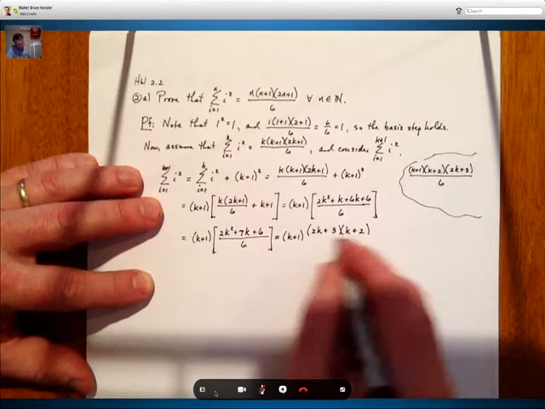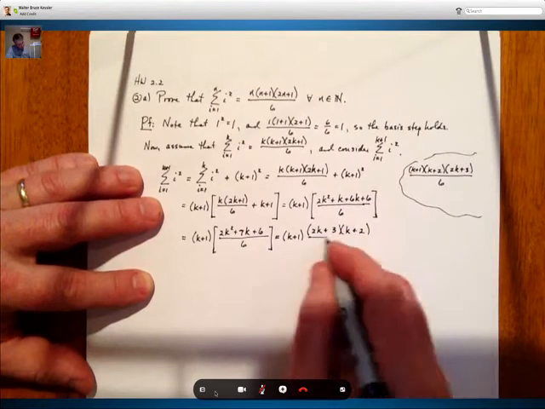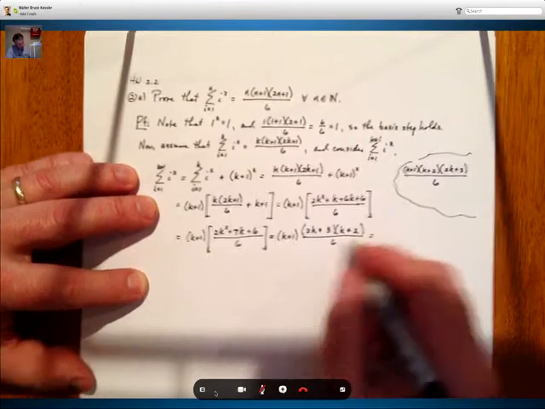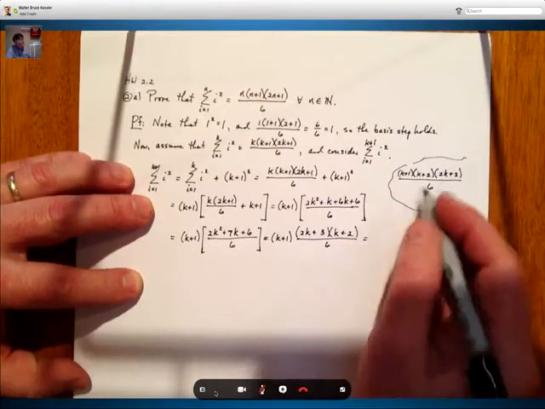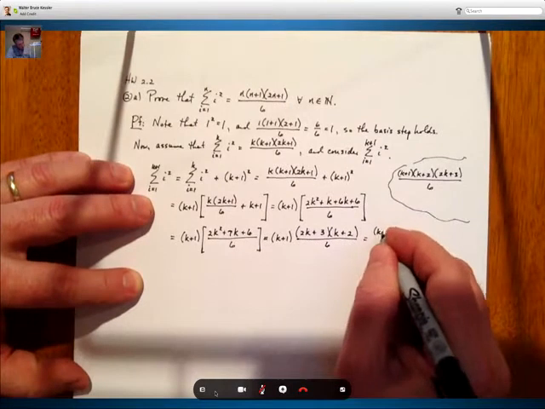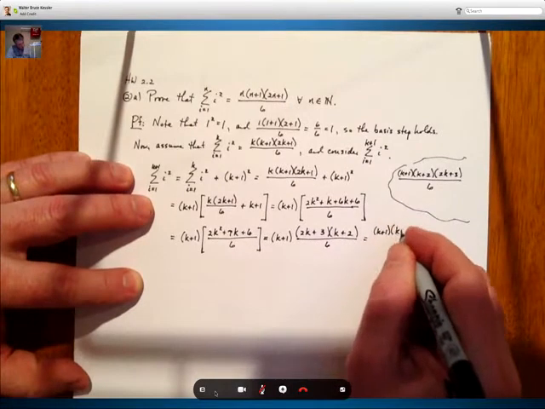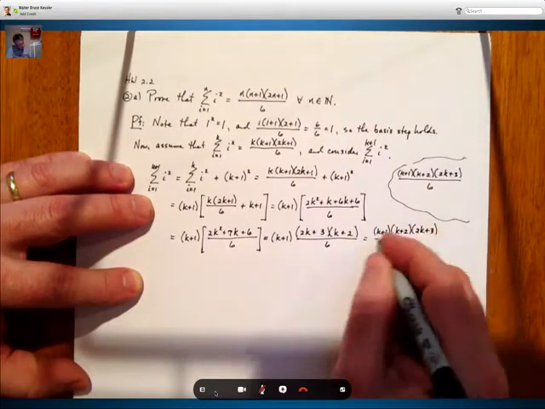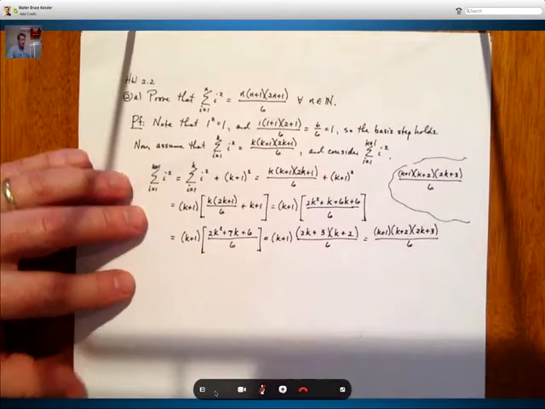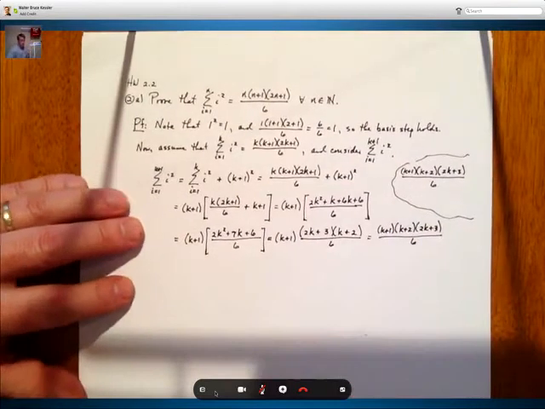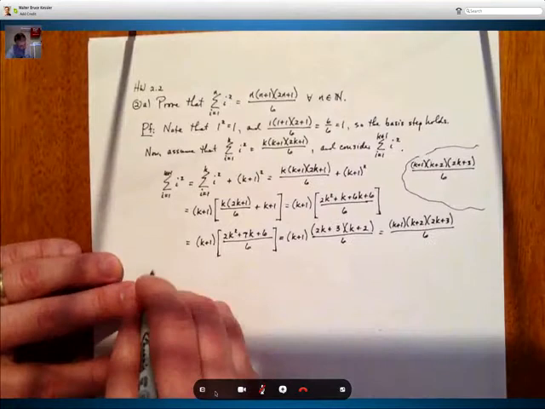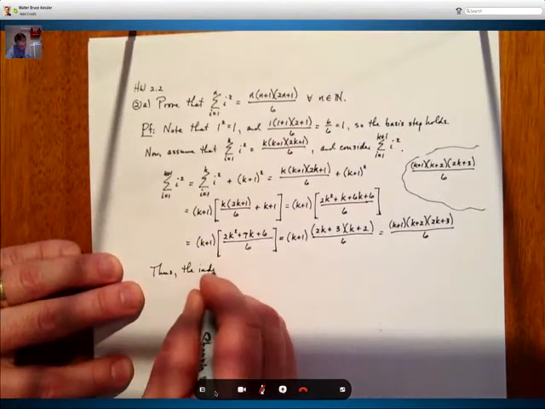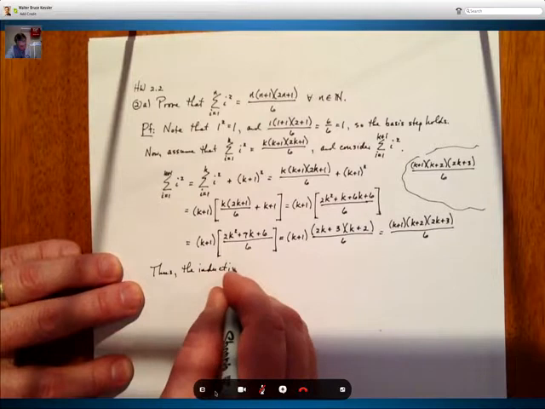And then a 3 here, so that's 4k, and yeah, good, over 6. And that gives us then, this actually matches up to what we found. This is the k plus 1, k plus 2, and then the 2k plus 3 over 6. So it actually gives us the formula for k plus 1. Great. Thus, the inductive step holds.